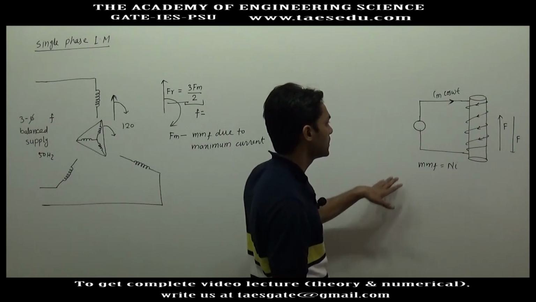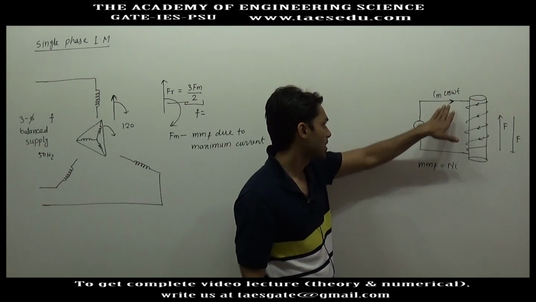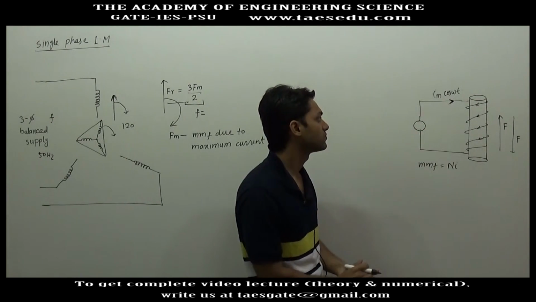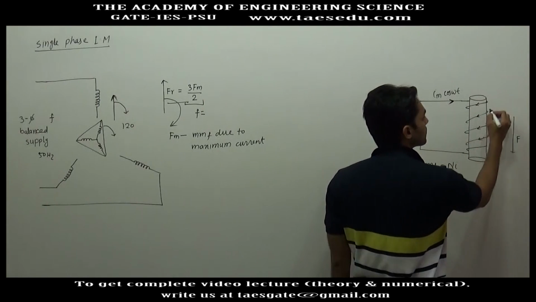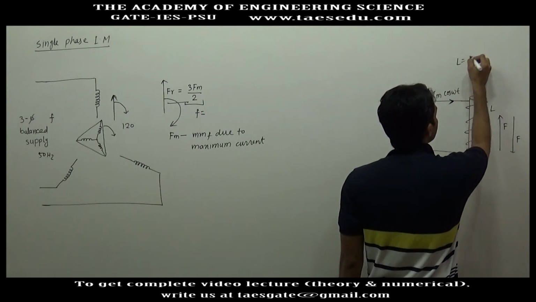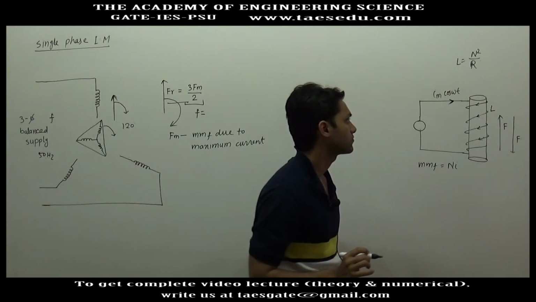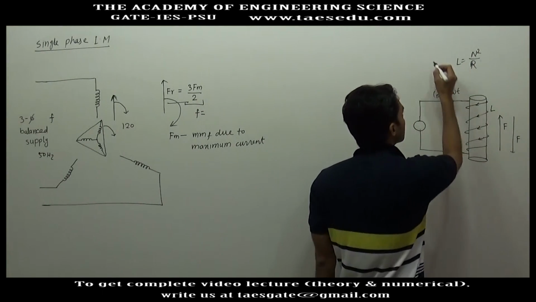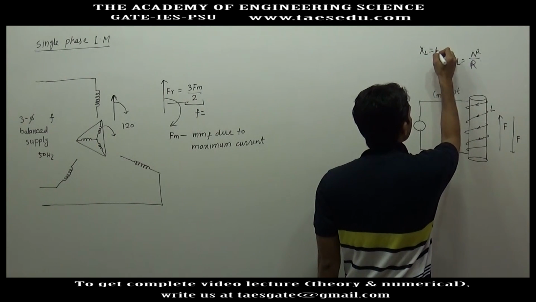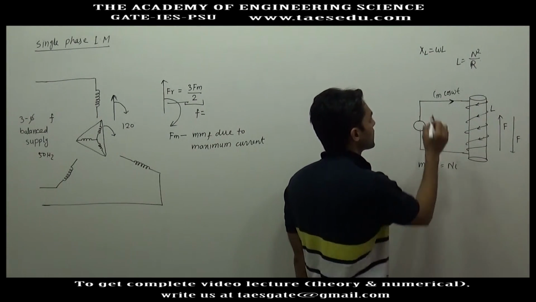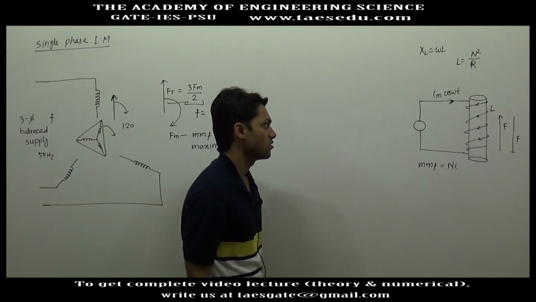We have already studied in magnetic circuit how the magnitude of current can be estimated. There will be some inductance. Inductance is equal to N square divided by reluctance. And to this inductance, there will be inductive reactance, omega L, and current will be V divided by omega L.